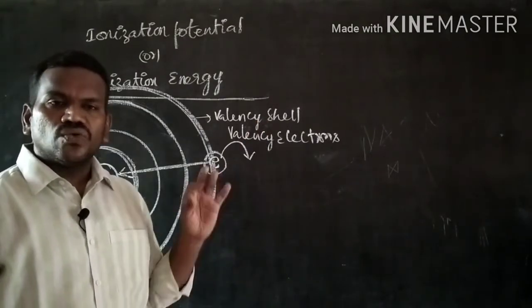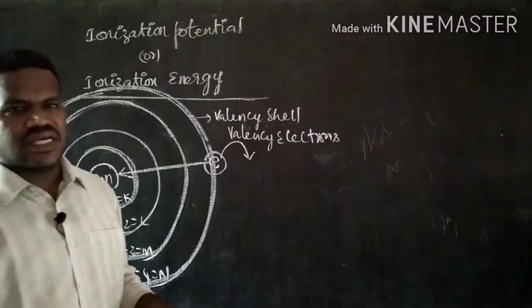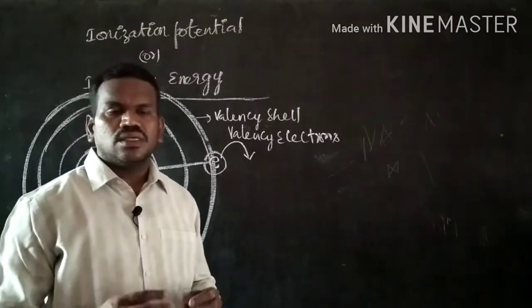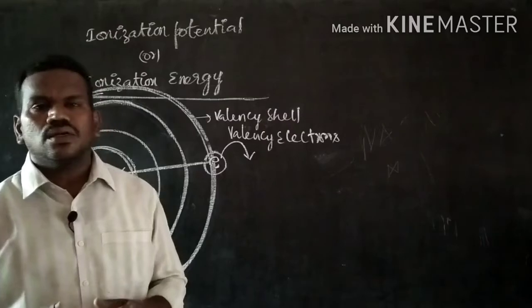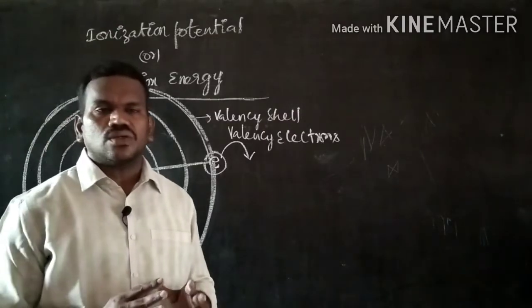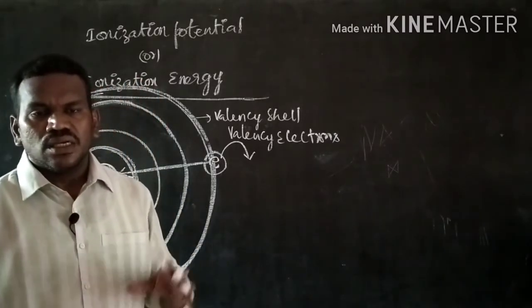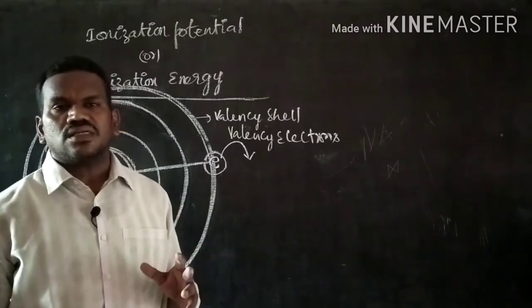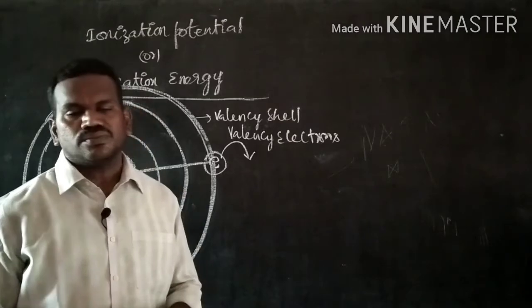That means only valency electrons are responsible for bond formation, either ionic bond or covalent bond or coordinate covalent bond. This means in bond formation, valency electrons play a very important, crucial role.